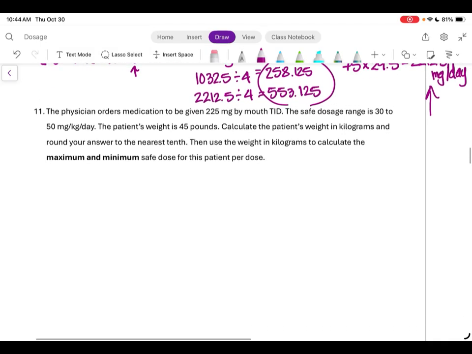All right, let's do 11. It has different numbers. So physician orders something 225 milligrams by mouth TID, right? So TID, as we know, is 3 times per day, right? And you're like, well, okay, but how do I figure out what it is per hour or whatever?